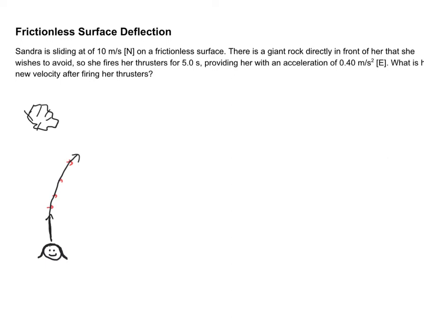To do the actual question, it's really pretty algebraic. It's using a big 5 formula and just calculating the missing variable. So I'm going to start making a list of givens here. The V1, her starting velocity, is 10 meters per second north.